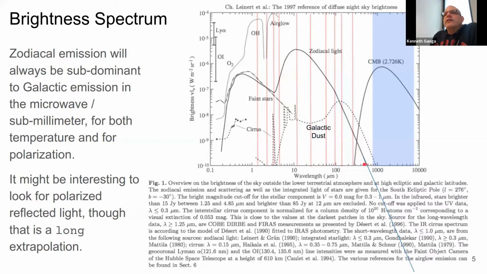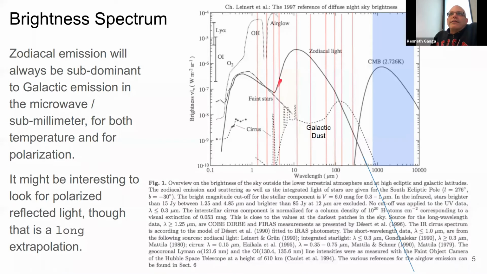Actually, you didn't see these, but these are the lines. This is 5 microns, 12 microns, 25 microns. So you can see the zodiacal light is really at the 20 micron level. What we're going to be talking about is the cosmic microwave background here, between 40 gigahertz and 400 gigahertz.